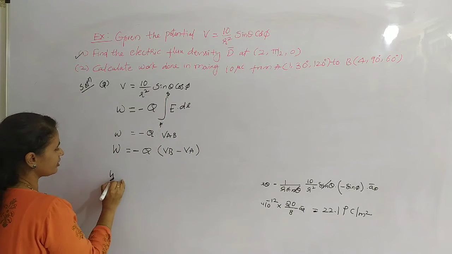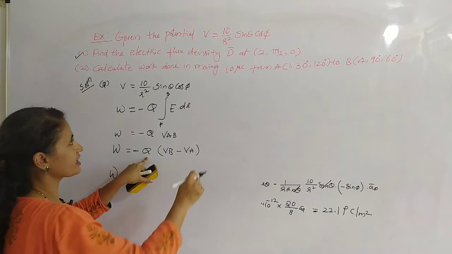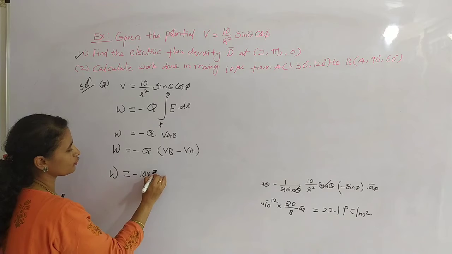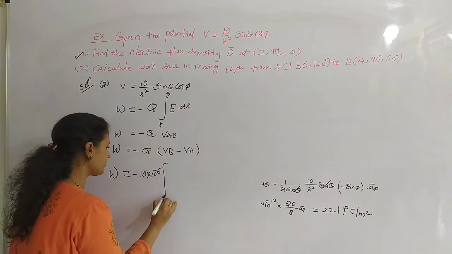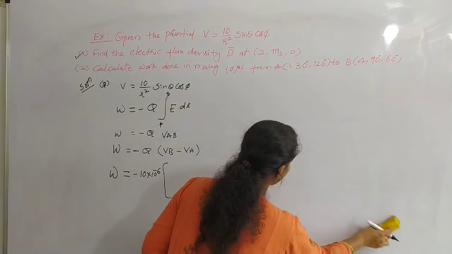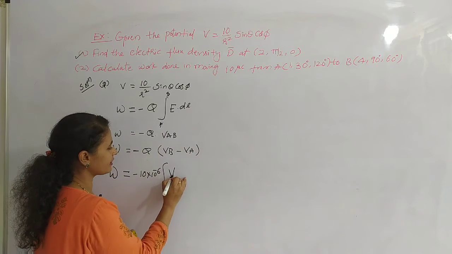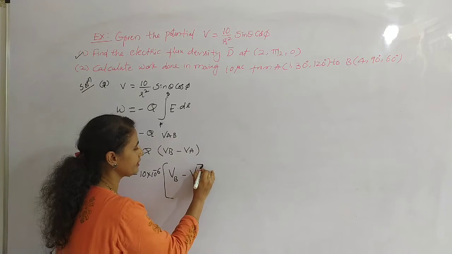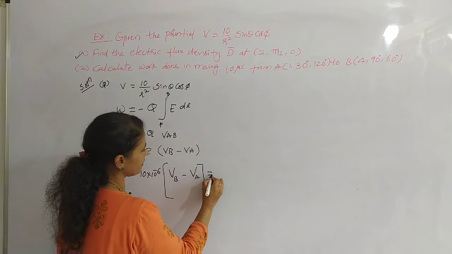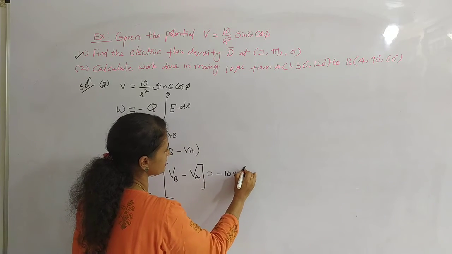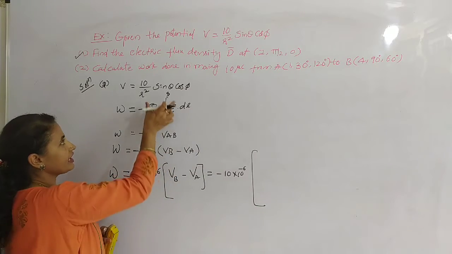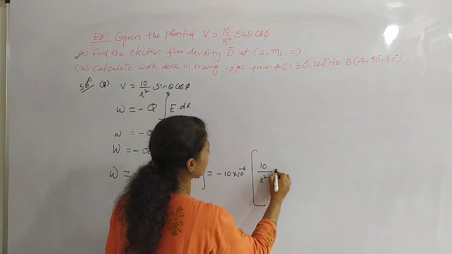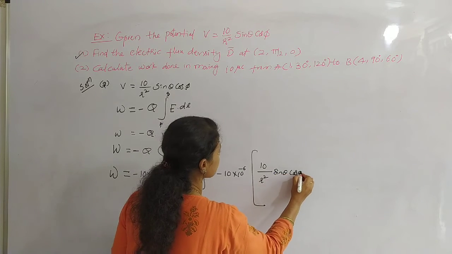So the work done to move this point charge of minus 10 microcoulombs, 10 power minus 6, into V_B minus V_A. V_B is nothing but V at point B, and V_A is nothing but V at point A, which is minus 10 raised to minus 6 into, what is V? V is given here, 10 by r square sin theta cos phi.